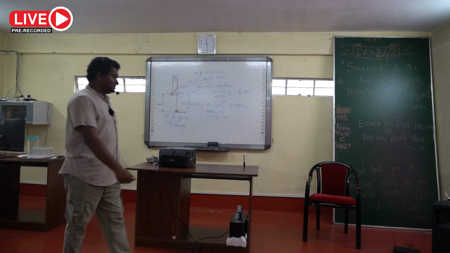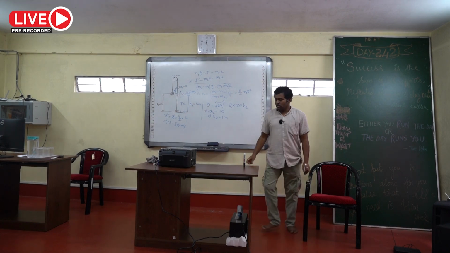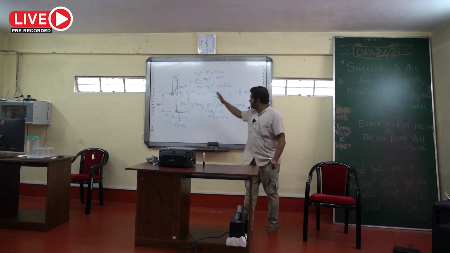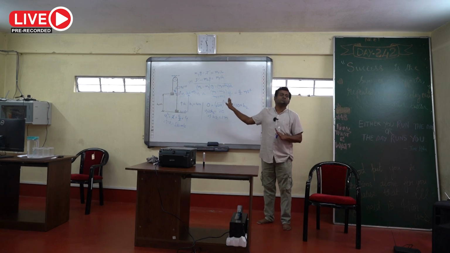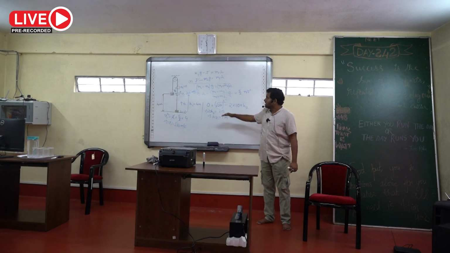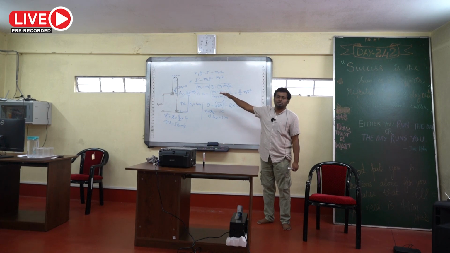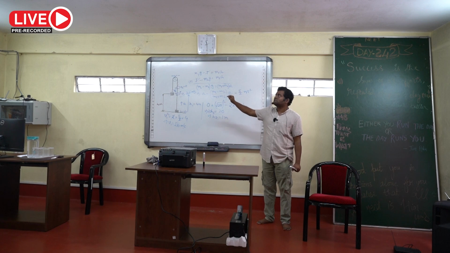If you have the concept, the entire calculation will not be needed in NEET. Only the basic concept is required. The basic concept is that as soon as it reaches 4 meter, the string is no more stretched, so its acceleration is absent. Now due to that velocity, it will reach up to a further height until its velocity becomes 0.